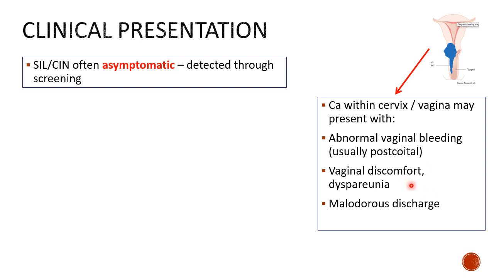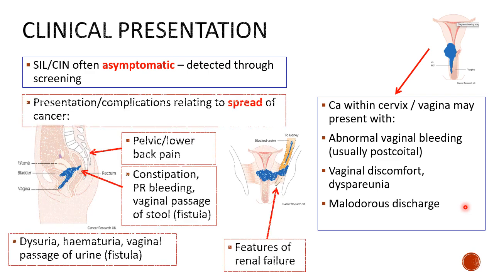Patients can also complain of vaginal discomfort, dyspareunia, because of the presence of a mass. Malodorous discharge can also be a problem because tumors, especially if they're quite large, tend to be necrotic. These necrotic areas can become secondarily infected, and that can produce this unpleasant discharge and odor.